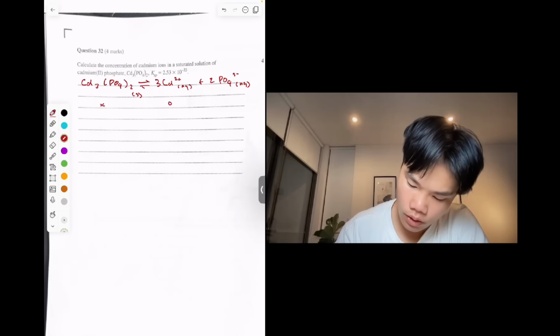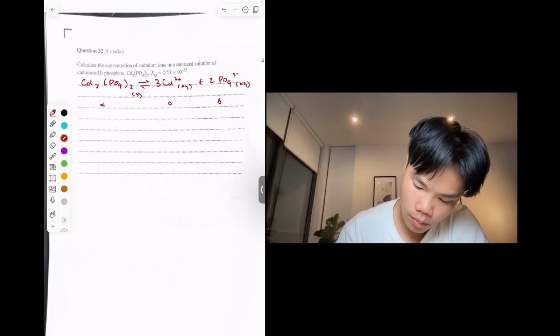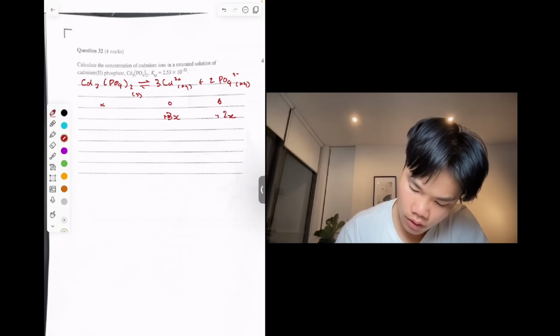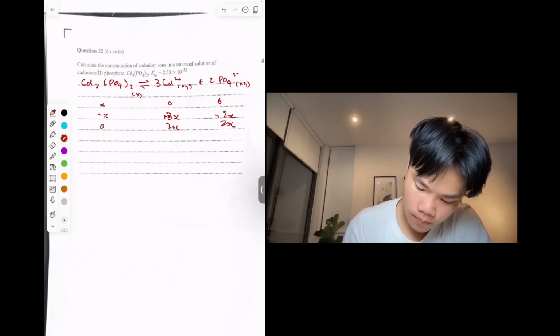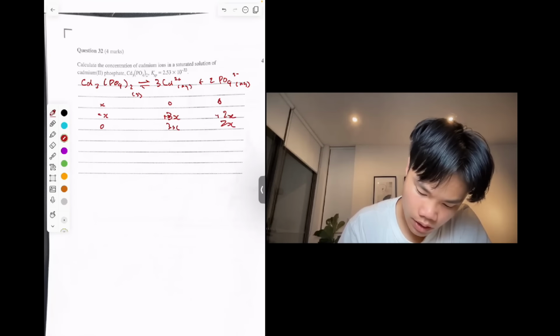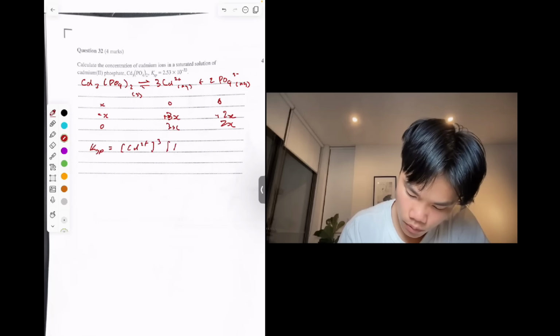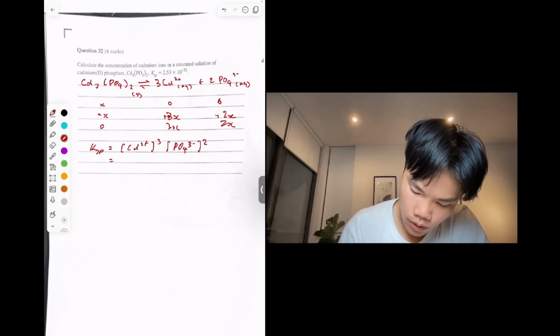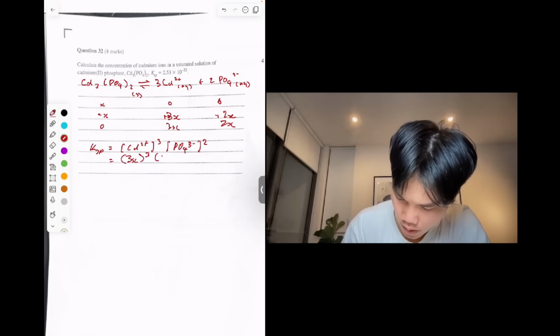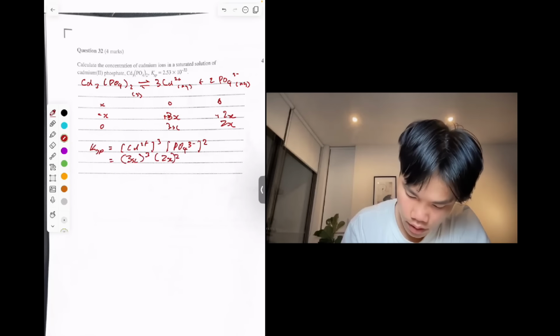And if you're going to work into a KSP, this means that once X amount of cadmium dissociates, you're going to have plus 3x, plus 2x, 3x, 2x, minus x, 0. So then you end up with a KSP expression, which is equal to cadmium 2+ cubed times phosphate 3- squared. Subbing in your numbers, you end up with 3x cubed times 2x squared.